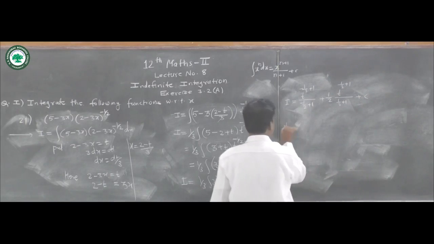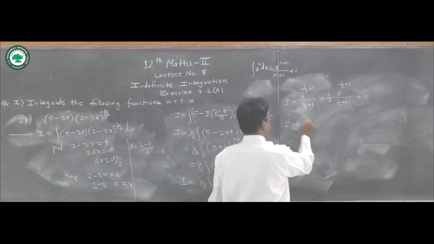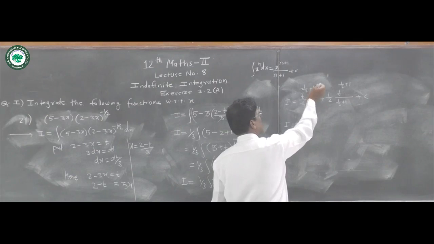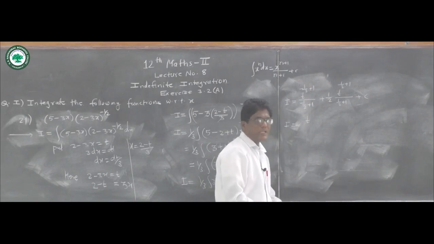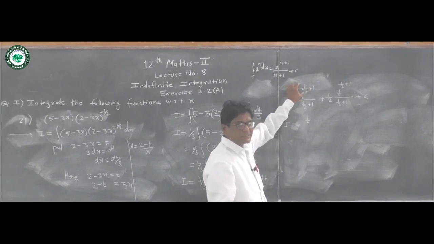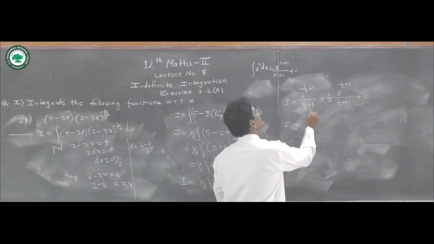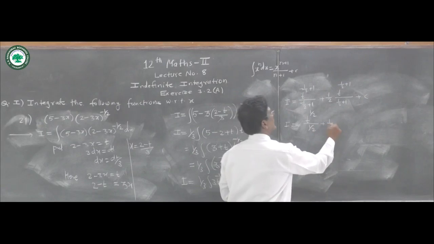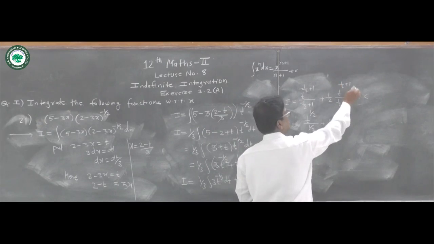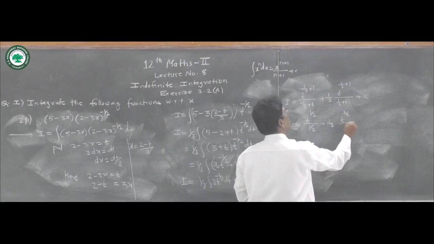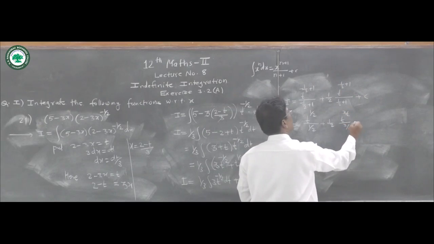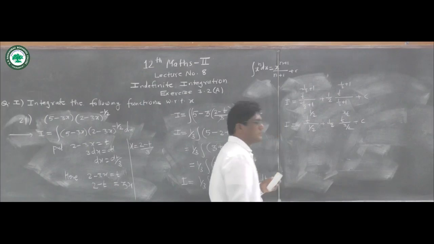And so I is equal to here t to the power minus 1/2 plus 1, that is 1 minus 1/2, that is plus 1/2, divided by the same number 1/2, plus t to the power 1/2 plus 1, that is 3/2, divided by this same number 3/2, plus constant of integration.